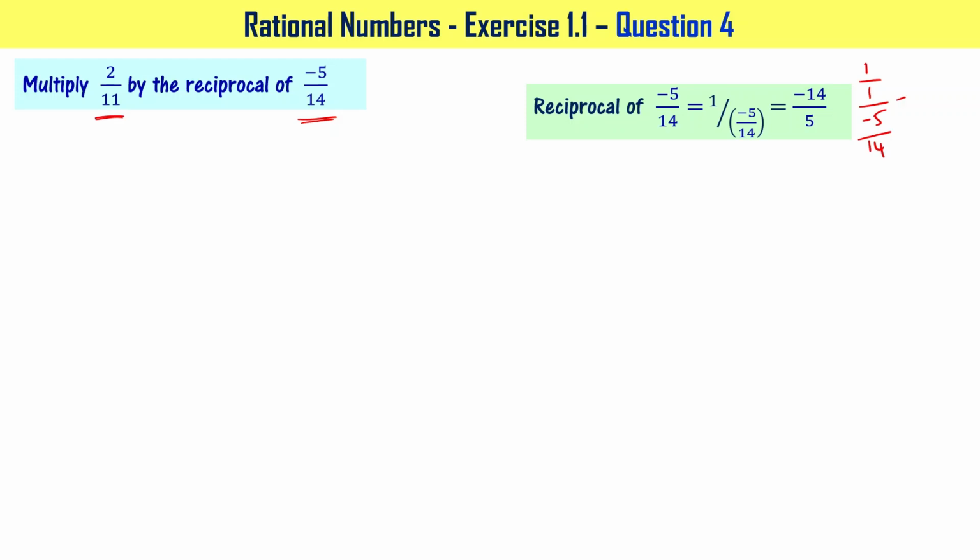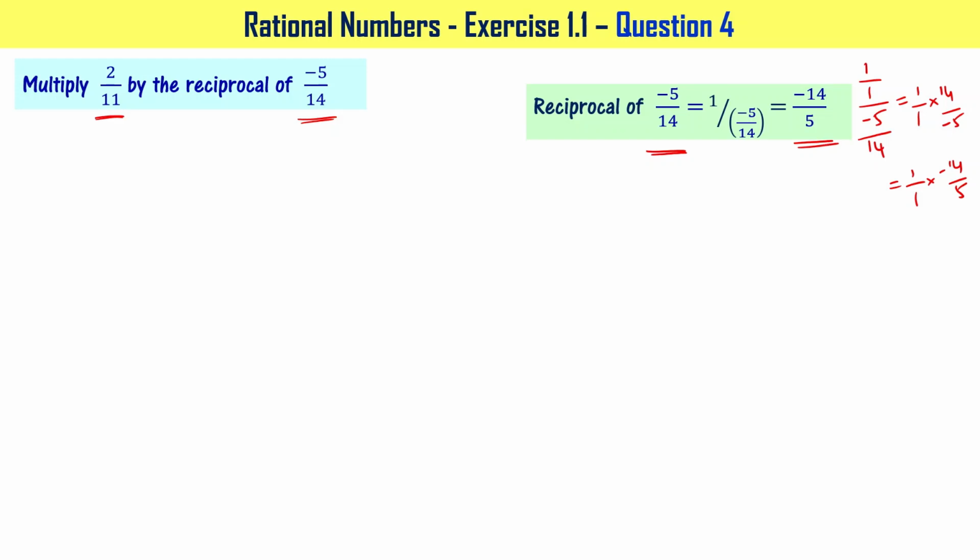That is going to be equal to 1 by 1 times 14 by minus 5 or 1 by 1 times minus 14 by 5, right? When you do that, what you get is reciprocal of minus 5 by 14 as minus 14 by 5.